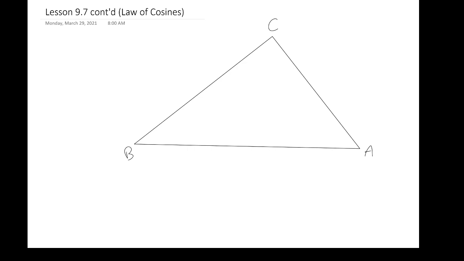So again, we have triangle ABC, meaning that here we have this side, which is lowercase a, this side, which is lowercase b, and of course this last side, which is lowercase c.